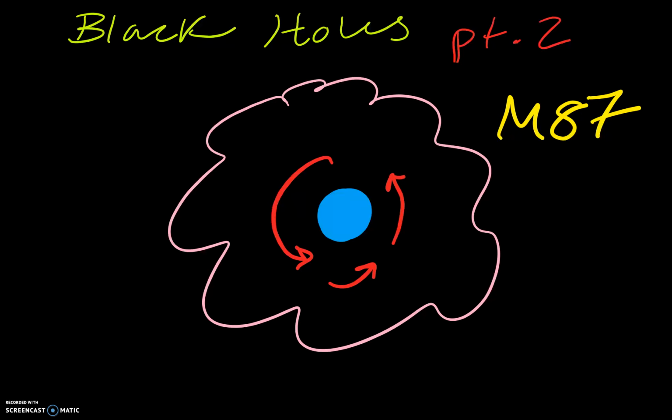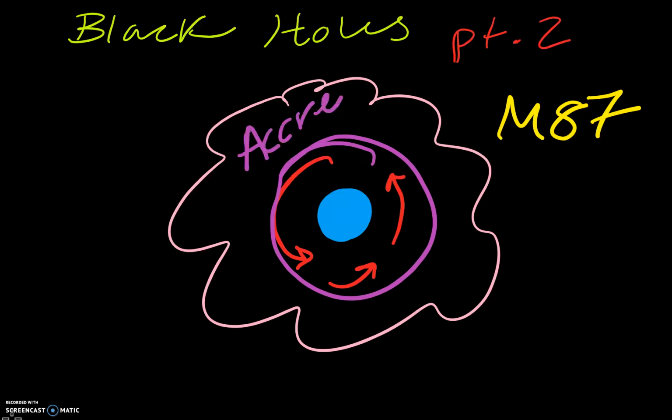So something I haven't talked about yet is this area right here where the gas is spinning. That's called the accretion disk. I'm doing this just to basically help you better understand the picture, and we can also use some information that we've talked about in the last video.